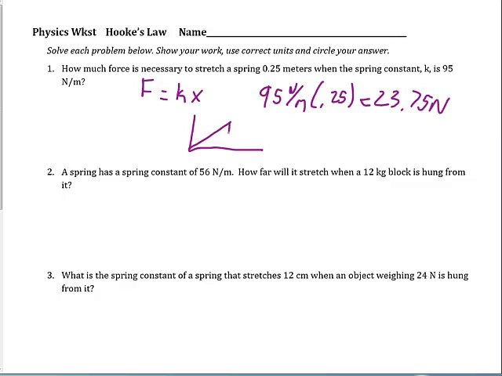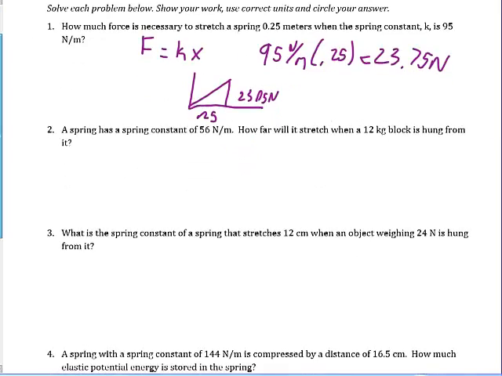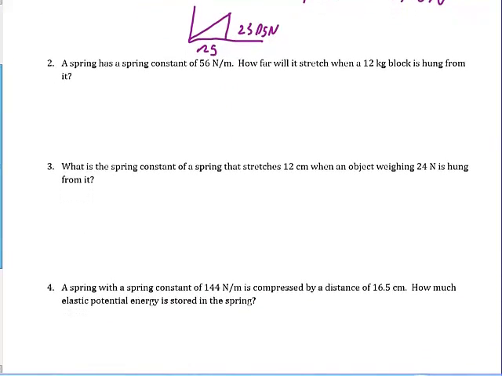What we actually have is a triangle with a base of 0.25 meters and a height of 23.75 newtons, and to find the work done, we'd do 1/2 base times height. So be careful when you are calculating the work done to stretch a spring. It's not the same thing as the force required to stretch the spring.